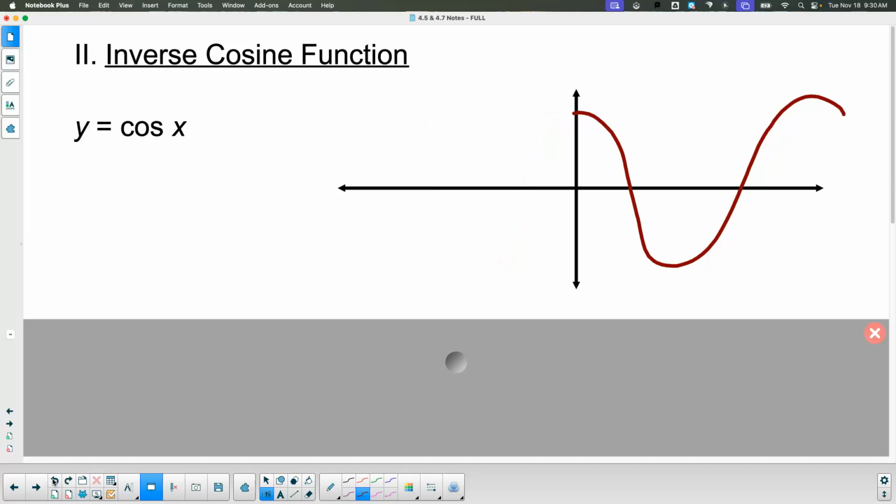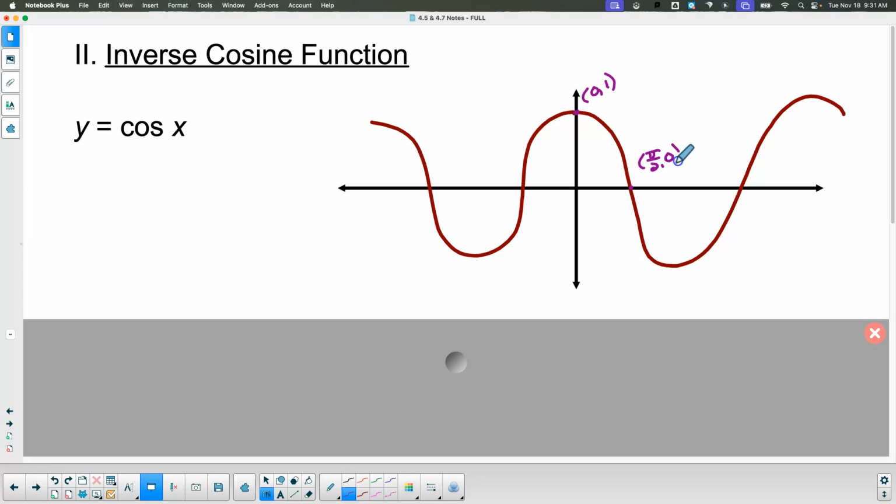So we've got, it goes through the point 0, 1.